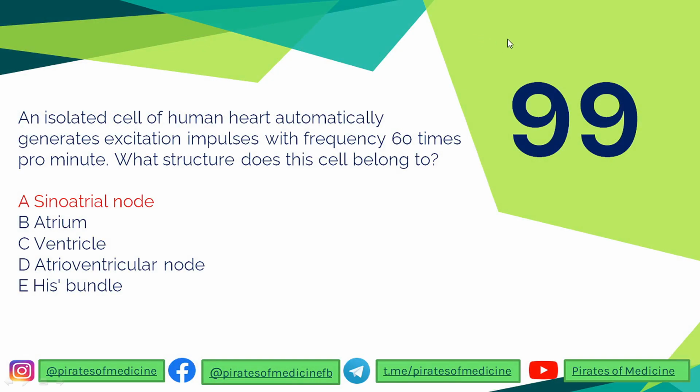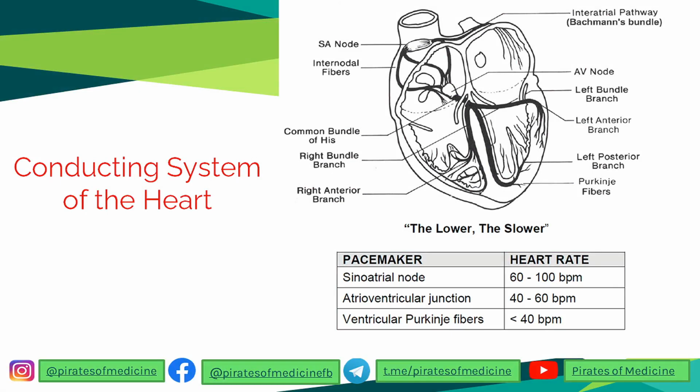Okay, 99 is that an isolated cell of the human heart automatically generates excitation pulses with a frequency of around 60 times per minute. What structure does this cell belong to? You should know this. SA node is the pacemaker when the heart rate is 60 to 100. AV node is the pacemaker when the resting heart rate is 40 to 60.